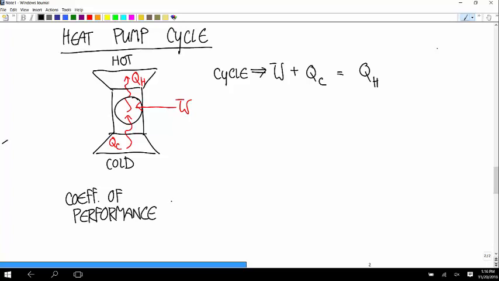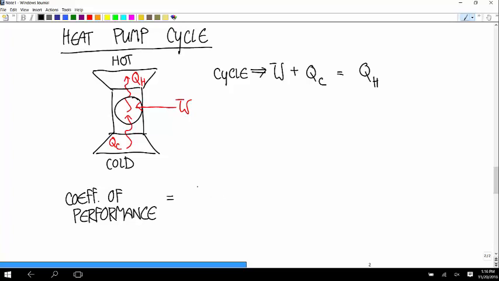At first thought, you might think defining the performance of a heat pump would be exactly the same as defining it for a refrigeration cycle, because they work the same. But we have different goals for these two cycles, so it makes sense that you'd have a different ratio for the coefficient of performance. This we're going to call the Greek letter gamma.